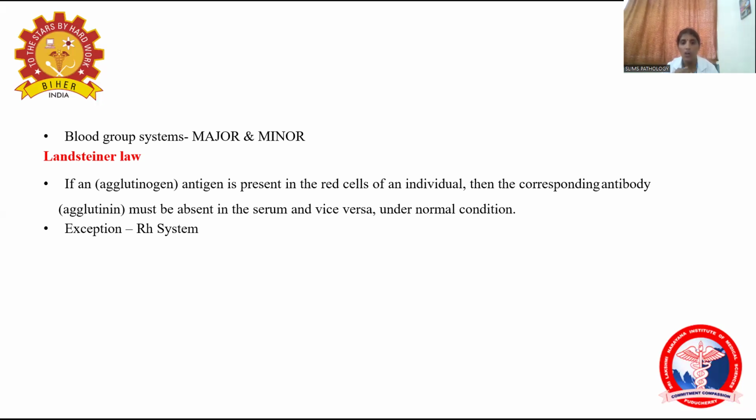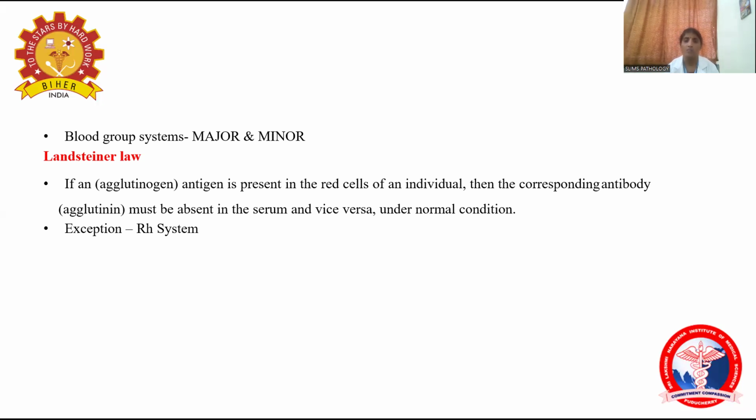So this is a normal phenomenon under normal conditions in regard to blood group system. When a red cell antigen is present on the surface of the red cell, then the corresponding antibody, what I mean here is the anti-A antibody, also called agglutinin, must be absent in the serum.